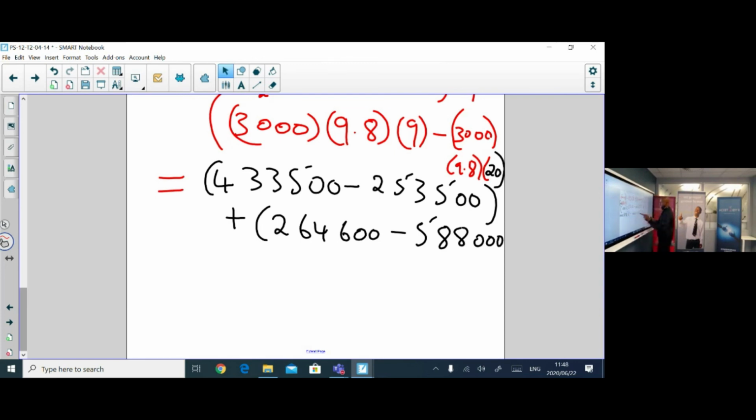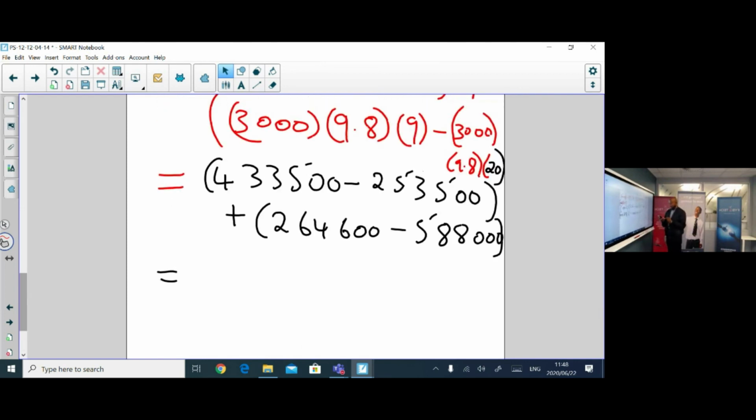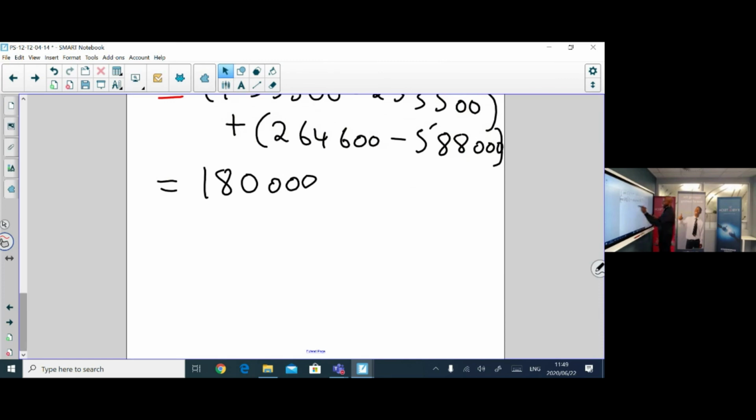Okay. This is your change in gravitational potential energy. Let us carry on with the calculations. 433,500 minus 253,500 gives 180,000, the change in kinetic energy.